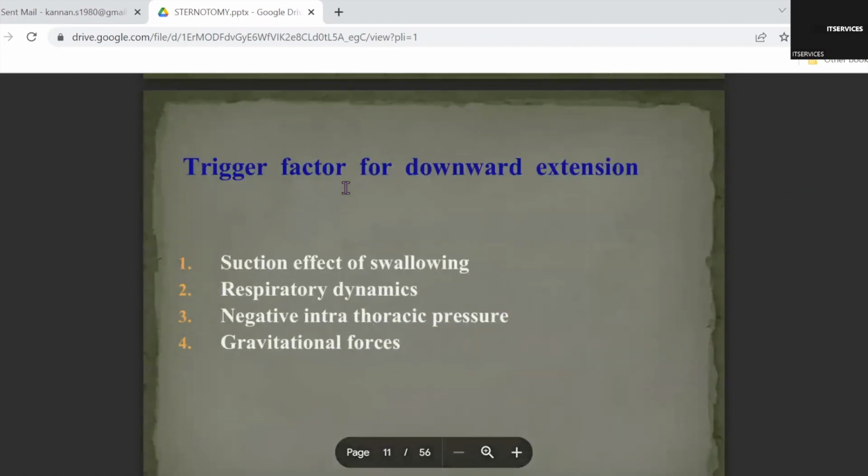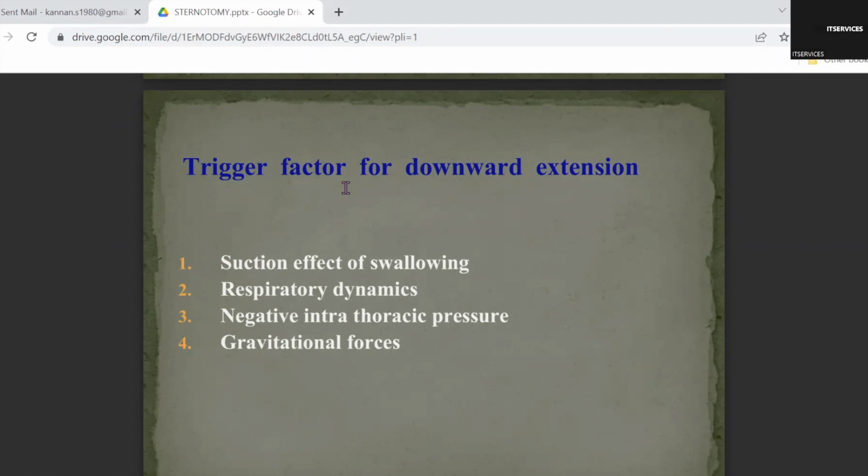Why does the retro-sternal goiter occur? When we look at the thyroid anatomy, it is closely wrapped by the strap muscles anteriorly, vertebra posteriorly. Superiorly, the strap muscle attachment to the thyroid cartilage and to the hyoid prevents the extension. Below, you have an open space where, because of the effects of swallowing, as the food migrates down, there will be a downward extension.